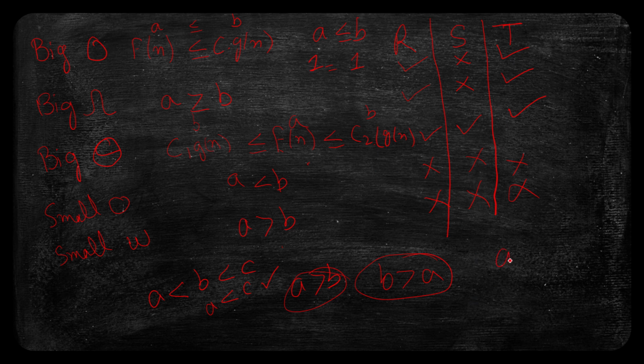In this case A is greater than B, B is greater than C, A is greater than C. So these are the properties of asymptotic notation, and they are mostly used in interviews and exam purposes, but in real life scenarios big O is the most used important thing, and you have to consider big O is the most important time complexity. Hope you like it.